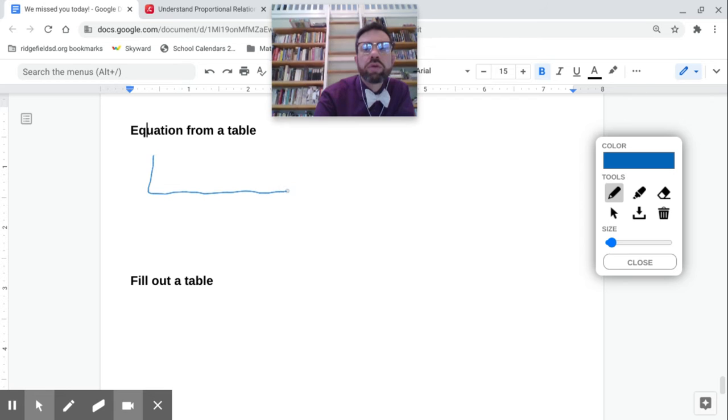So the cool thing about your equation from a table is that all you ever have to look at is one value.